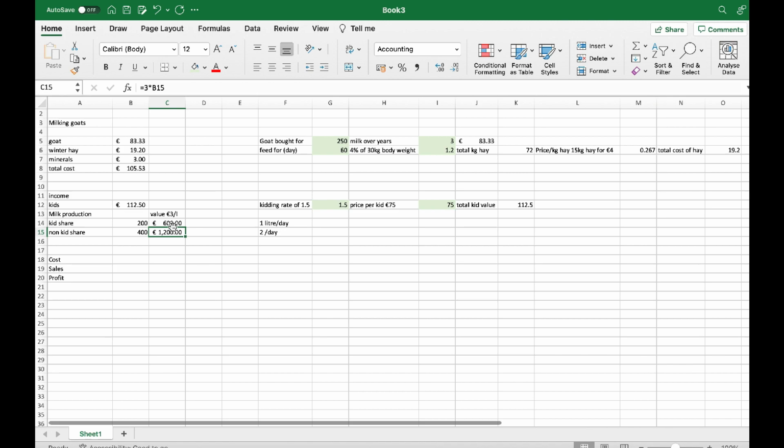If I want to get into the milk business, I need to make up a little milking parlor and a little milk processing room. But I'm not looking at a big outfit here. I'm looking at milking 10, 20 goats, small volumes of milk. If I do 10 goats on a kid share model, that's only going to be like 2,000 liters a year, across 200 days, 10 liters a day.